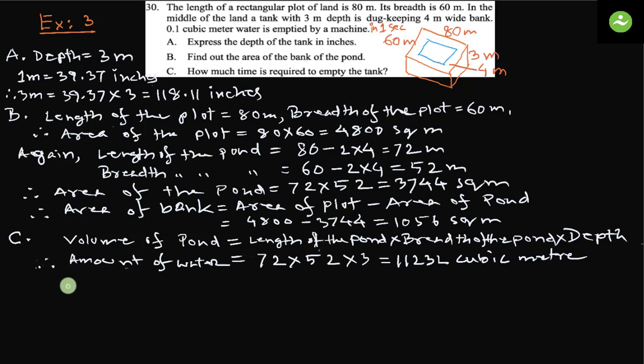So we can write 0.1 cubic meter water can be emptied in 1 second.